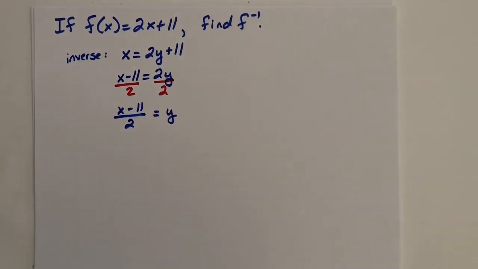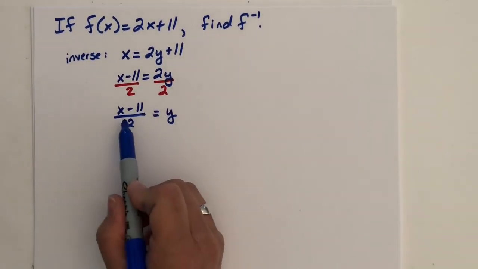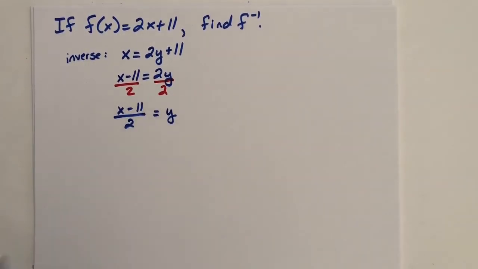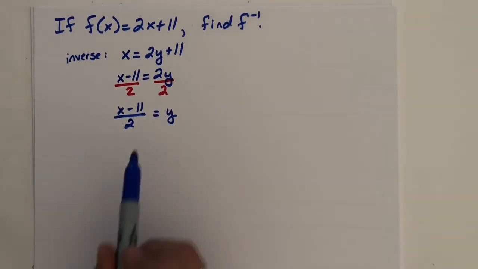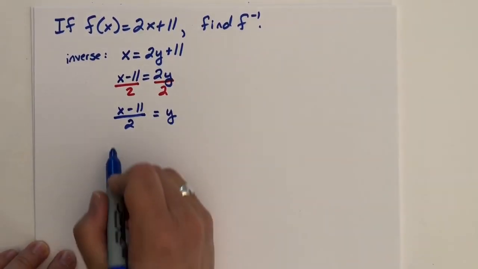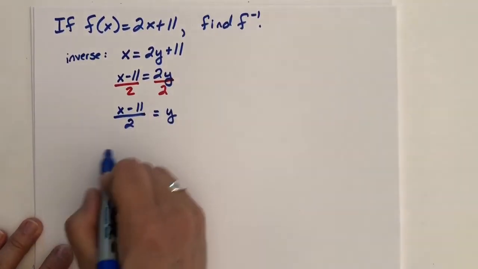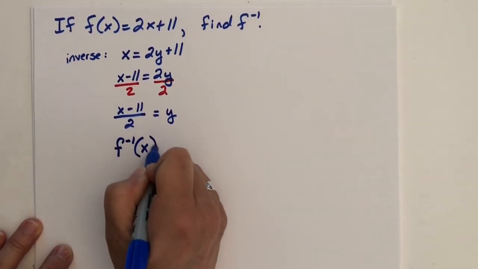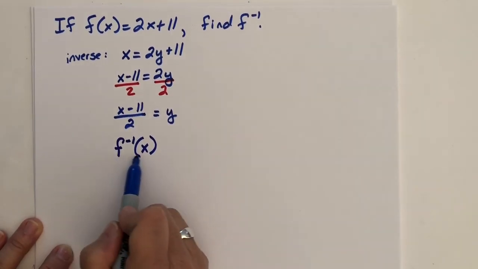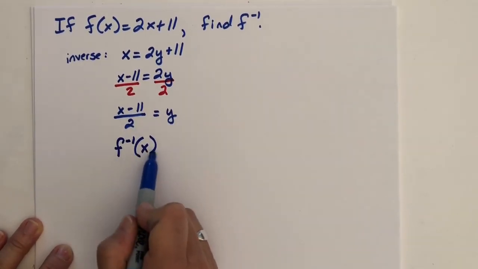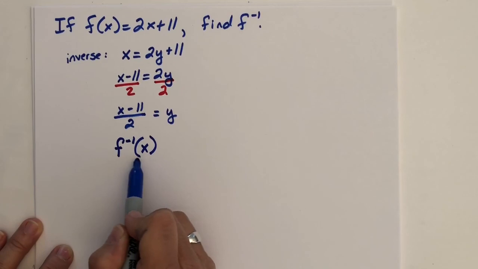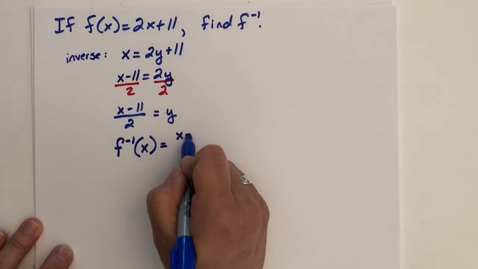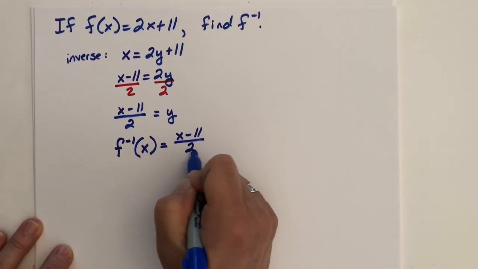There's still a 2 involved and 11 involved, but we didn't divide the entire x minus 11 by 2 in our guess. So here is our inverse. Let's write it with our inverse notation. So we would say f inverse of x. When you're writing an equation, make sure you use that function notation. We're going to put that x part in there. f inverse of x equals x minus 11 over 2.